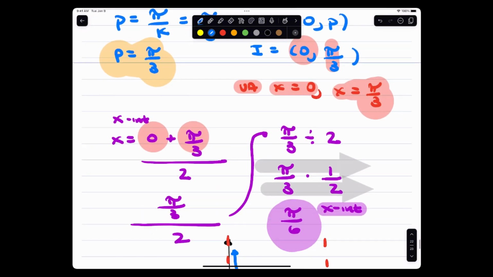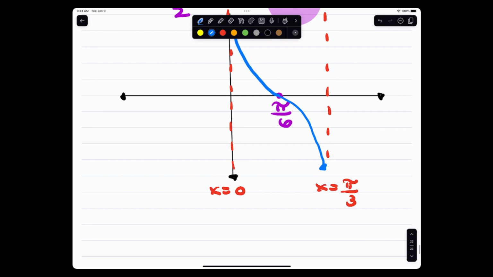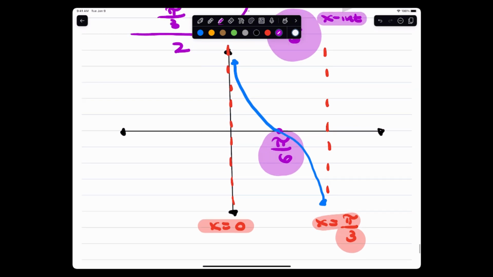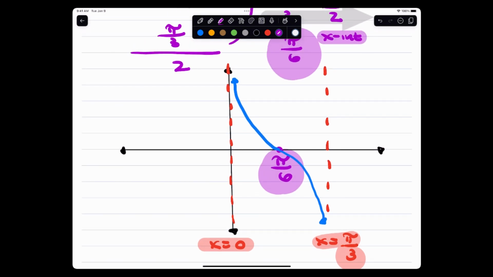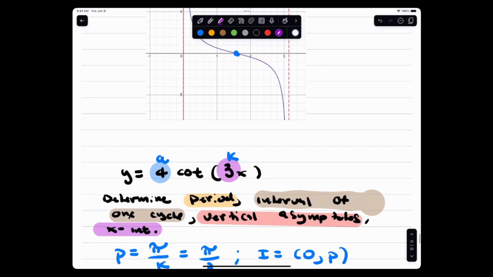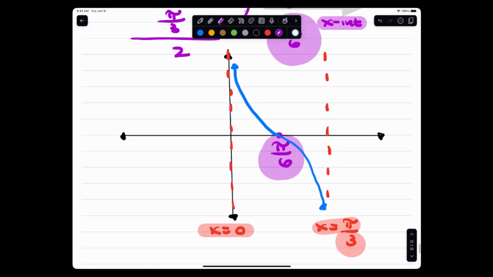All right, so you guys can see that there. And there it is, ladies and gentlemen. You've done all the important details that they want you to do. Finding the vertical asymptotes, finding your x-intercept, and sketching that curve. There it is. That is it. Easy peasy lemon what? Lemon squeezy, is that right? Very interesting. Okay, you guys good with this one?